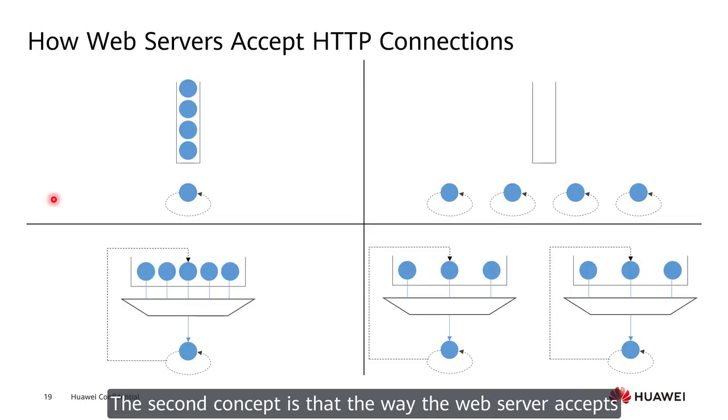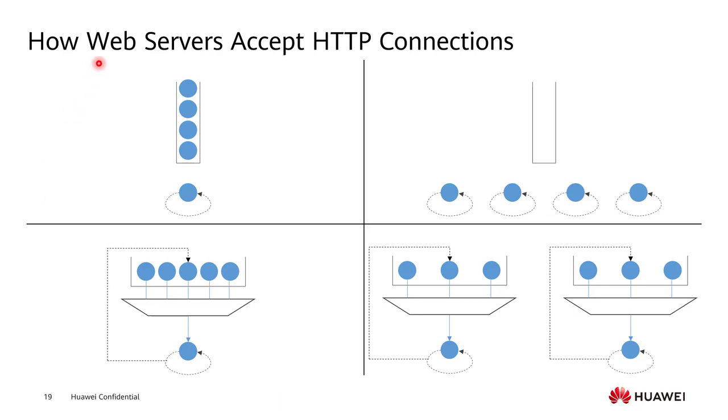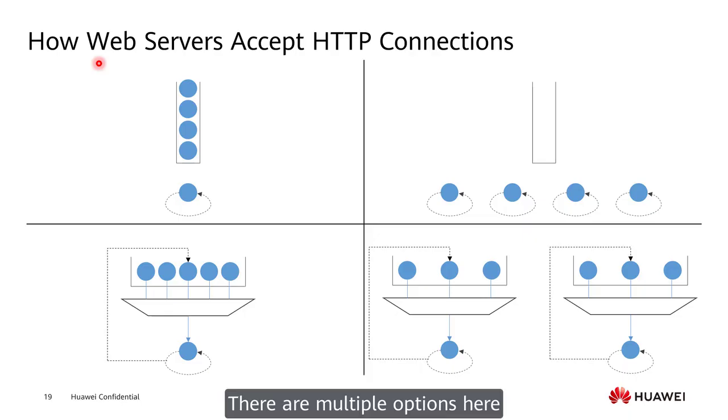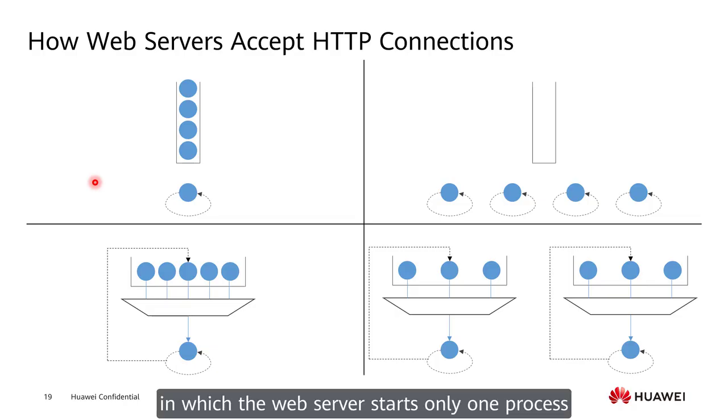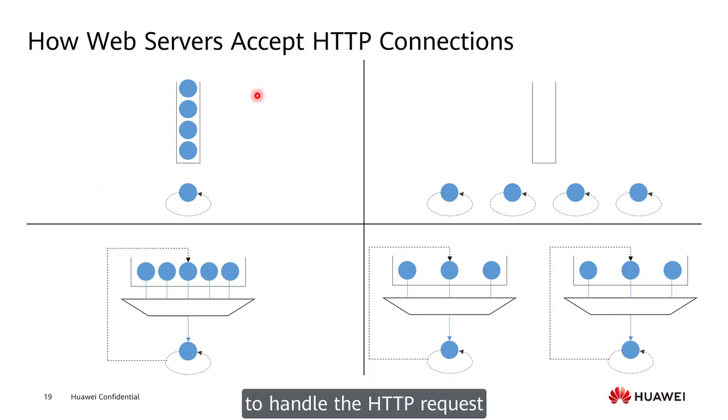The second concept is the way the web server accepts HTTP connections. There are multiple options here. The first is the single process I/O mode, in which the web server starts only one process to handle the HTTP requests.